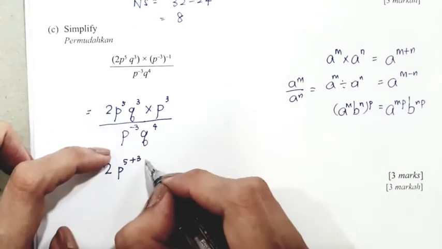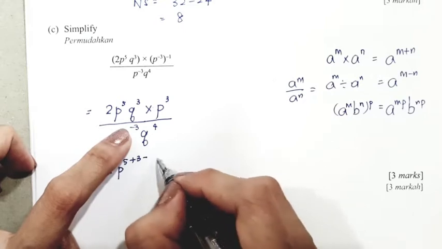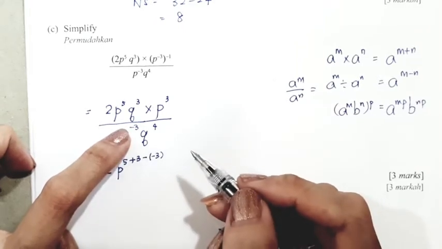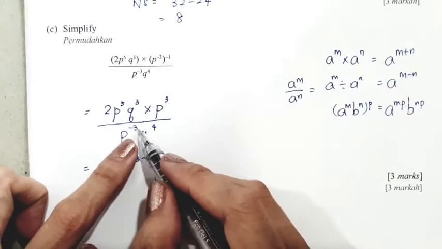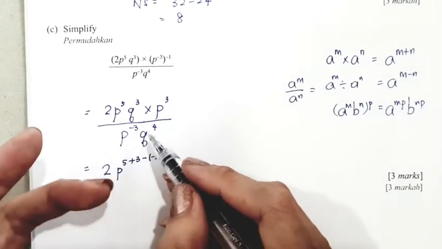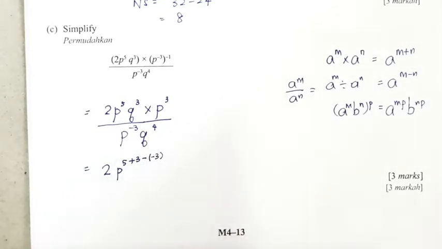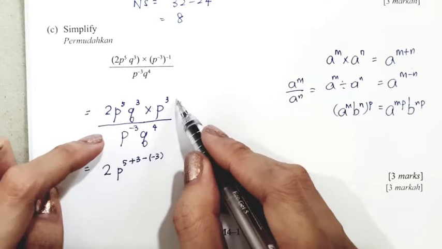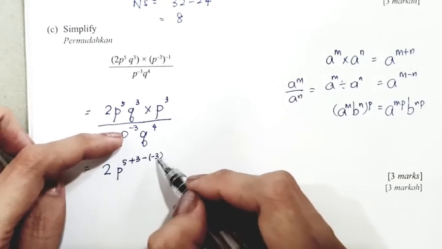We have to minus exactly what index is given. You don't write 5 plus 3 and then minus the 3 because it's down there, so it's minus already. There's a negative there, don't care, just simplify. That one is not the correct concept. We just minus whatever is down there. It's given -3, we minus -3.